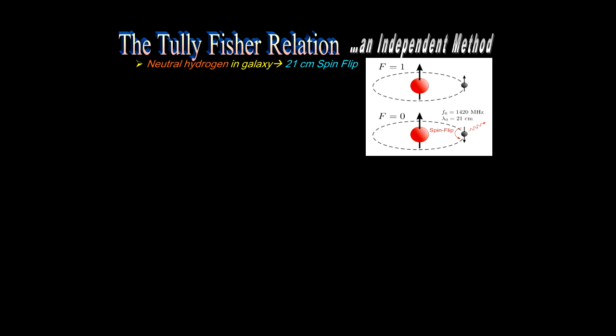The Tully-Fisher relation is a method of determining distance that's not really on the rung of the ladder. It's not based on the others. It's independent. It's based on rotation rates of the galaxy. And as you recall, neutral hydrogen in a galaxy, which is abundant, has a 21 centimeter spin flip transition photon, the 21 centimeter photon flipping from high energy to low energy spin states.